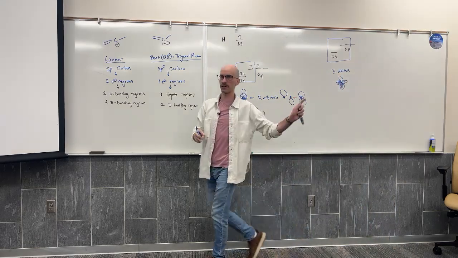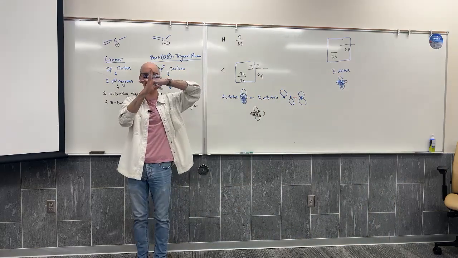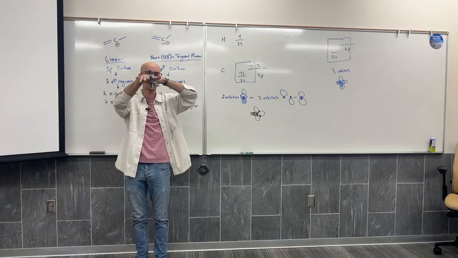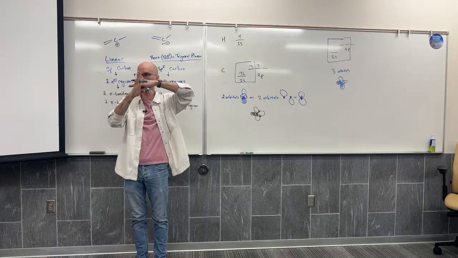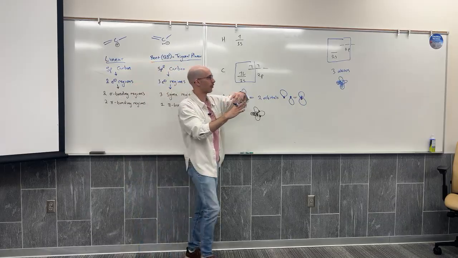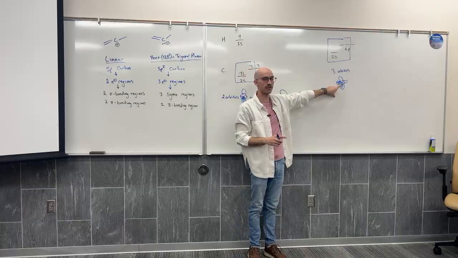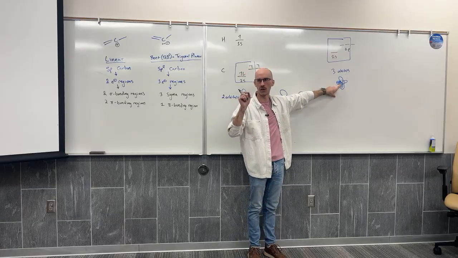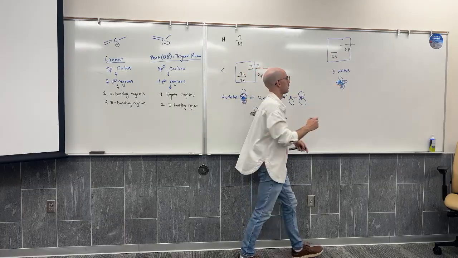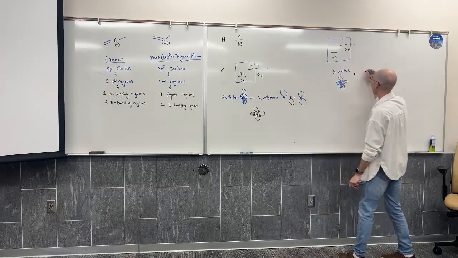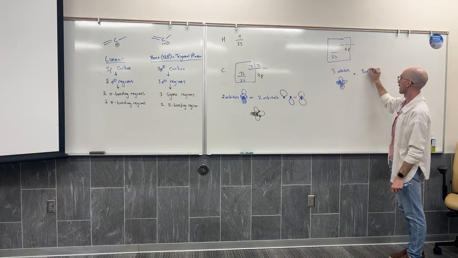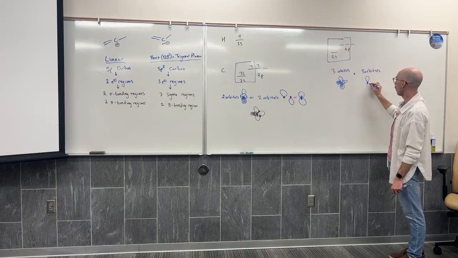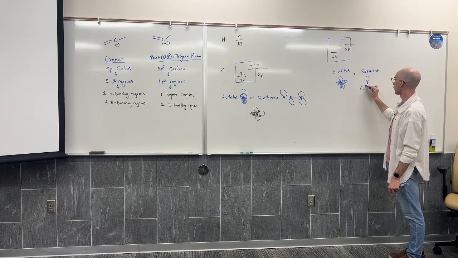Okay, what I'm doing here is taking py and px. I could have taken pz, doesn't really matter. I'm just taking 2 p orbitals. And I'm also taking that s orbital. It's kind of hard to see it because it all overlaps with itself. And as I combine the mathematical equations, I get 3 new orbitals with new orientations.